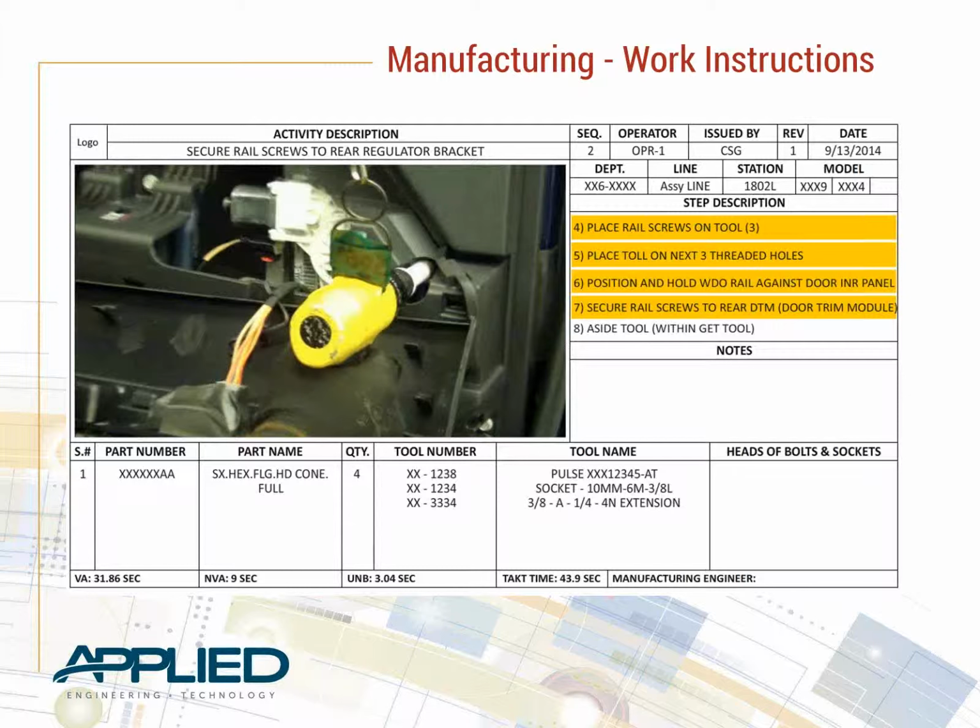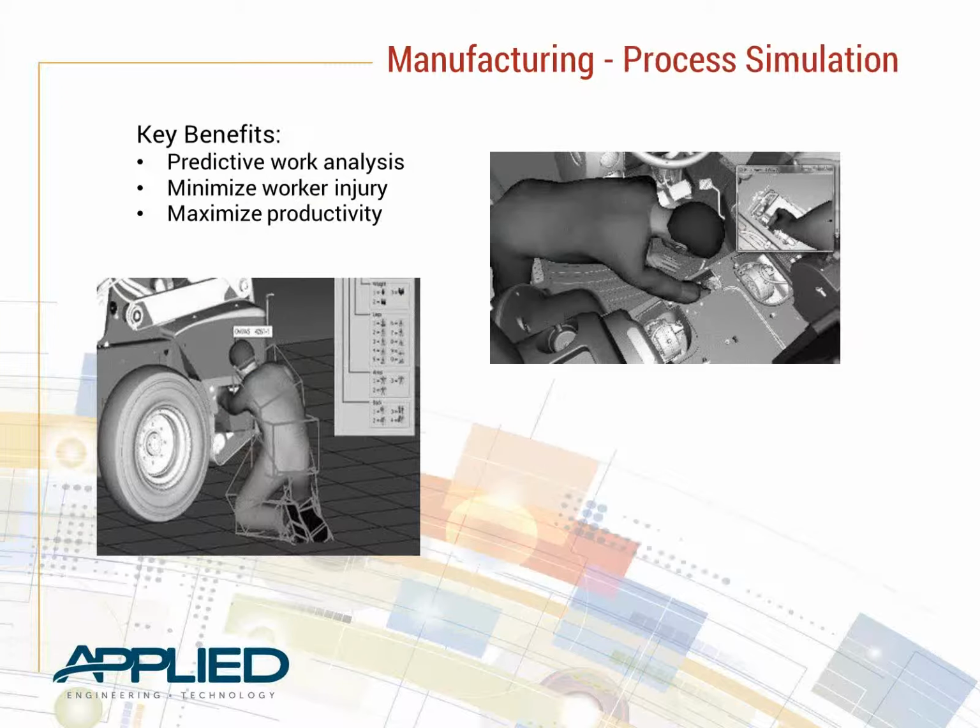You can see this step's going to take this long, this is going to take that long, so you can start to do some preliminary line balancing right out of the gate without too much work.